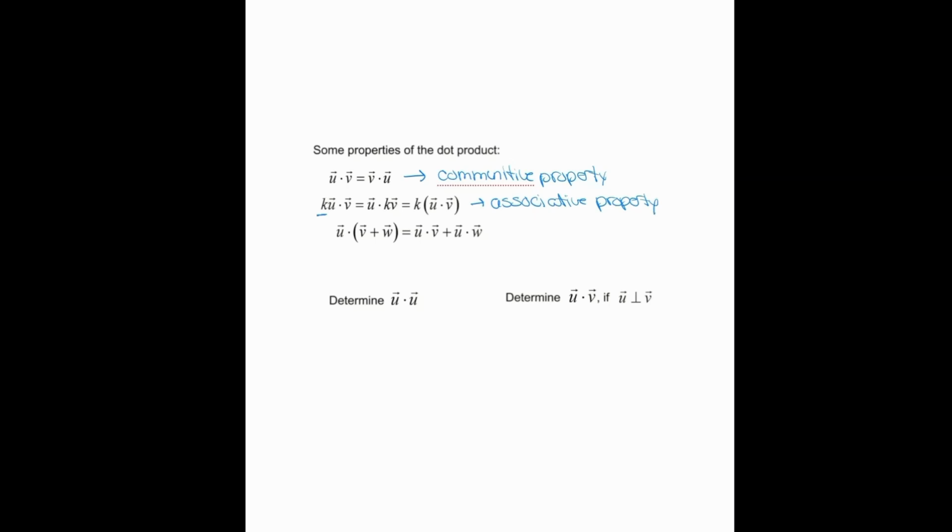So the dot product isn't associative like normal multiplication. You can't dot your way across multiple vectors, but you can multiply a vector by a number or scalar before or after dotting, and you'll get the same result. So whether I multiply it before I've dotted it or I multiply it after I've dotted it, I'm going to get the same answer.